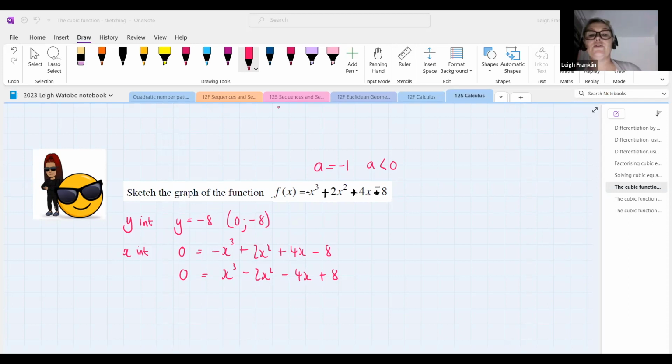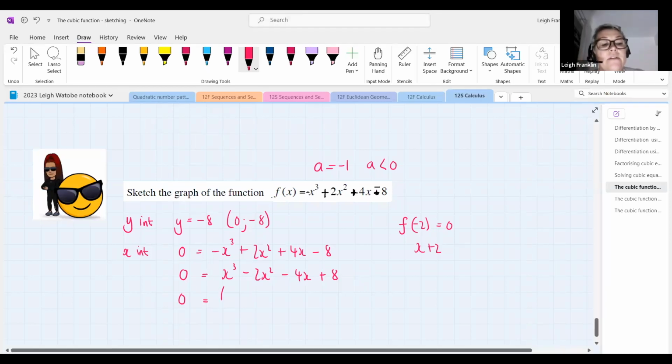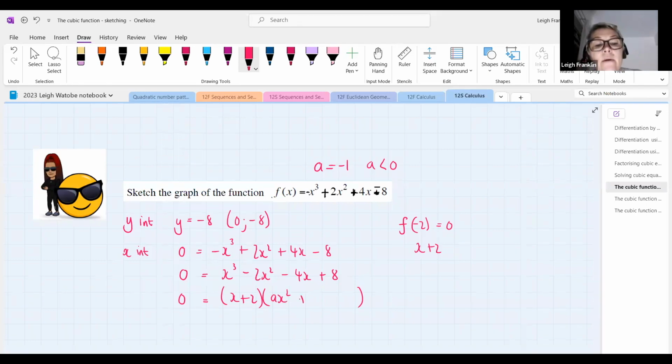In other words, f of -2 gave you 0, so x plus 2 is a factor. So now we need to work out the values of a and b and c again. You see, this is why we need to be able to solve cubics.